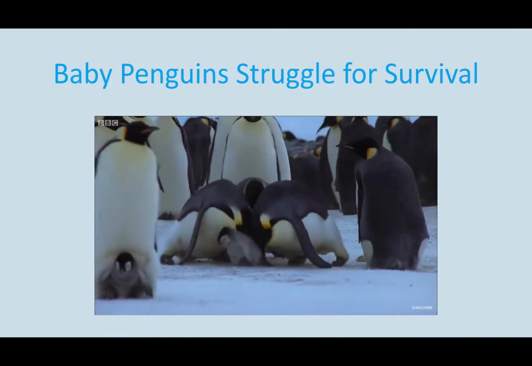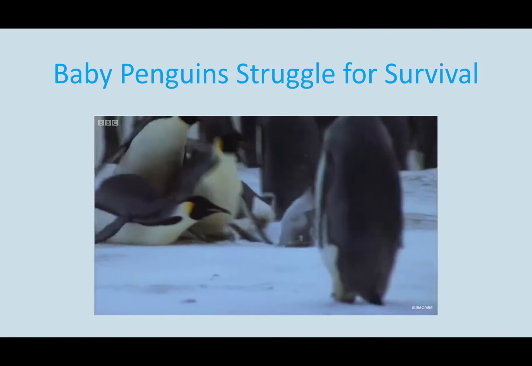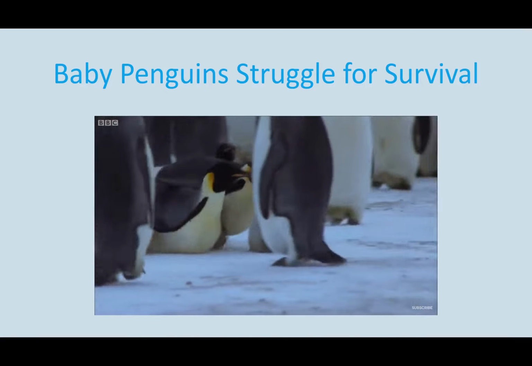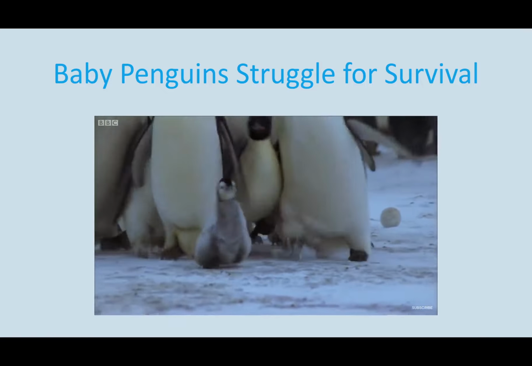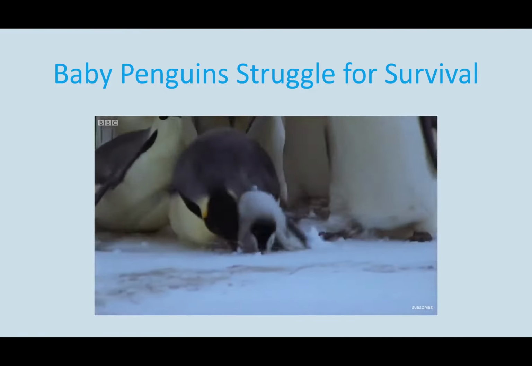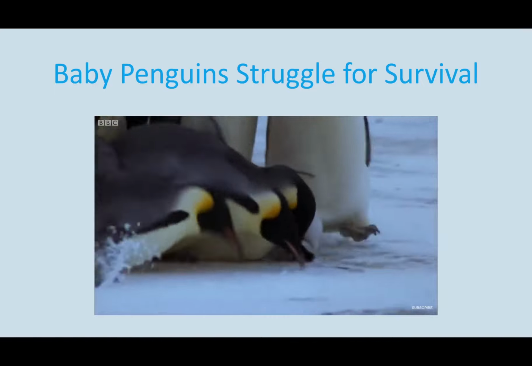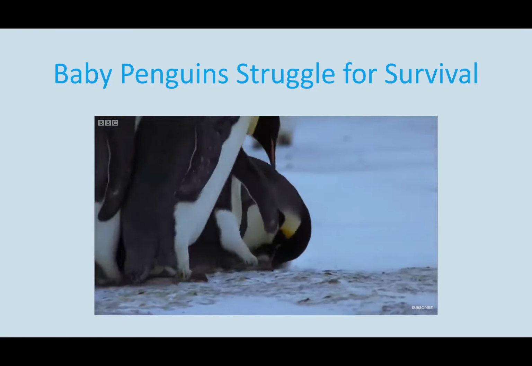Some orphans receive too much mothering from penguins whose own chicks have not survived. The urge to parent is so strong that they will compete with one another to adopt any chick they find. Many of these squabbles end in tragedy, as the poor chick is trampled to death.